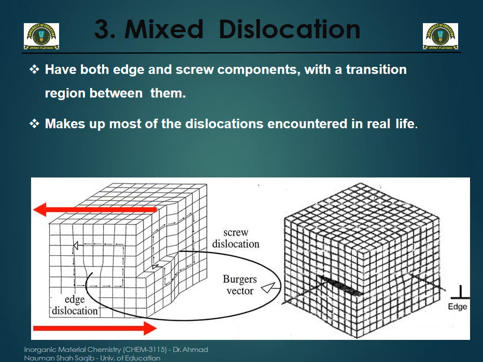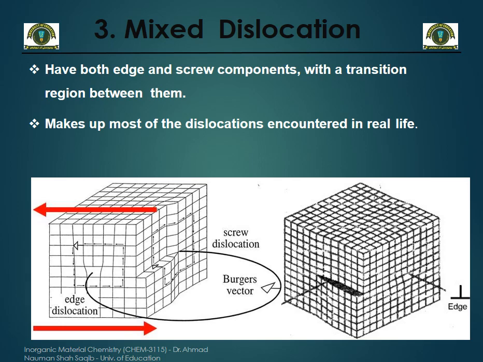The third type of line defect is mixed dislocation. As the name indicates, mixed means that both the edge dislocation and screw dislocation components are present with a transition region between them.